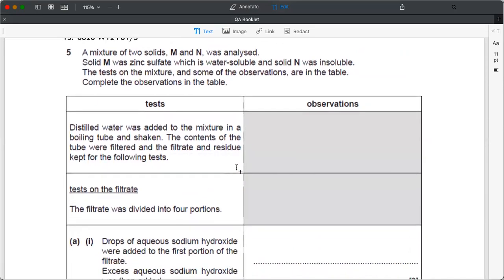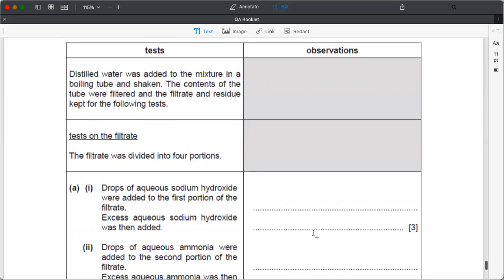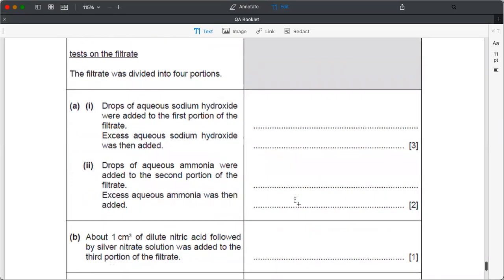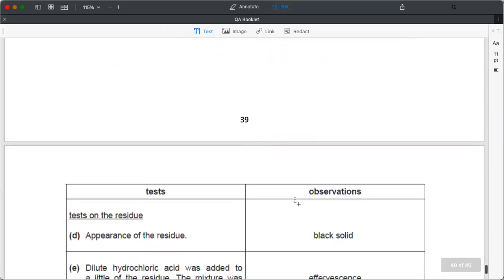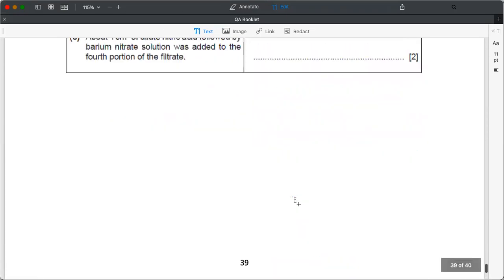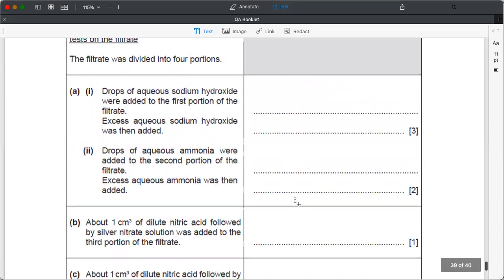What they can do is cover up the answer and try using the reverse engineering method, meaning since they know the identity, they cover up the observation table, and based on the reagent and what they know about the substance, write down possible answers. It's a good revision. Trust me, it will work. This will really sharpen the QA skills.